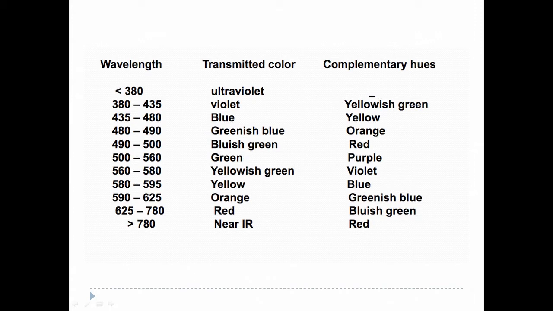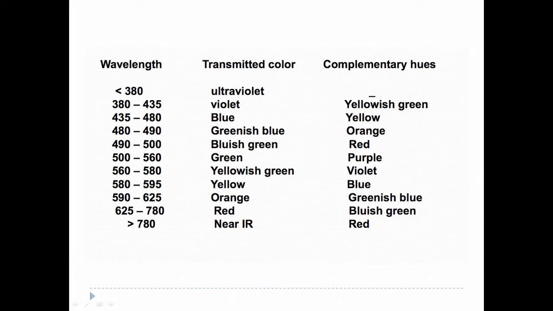It is HUES, hues. So, suppose it contains 435 to 480 nanometers, it will transmit blue color, and the remaining colors that are not transmitted are absorbed, and it will look yellow.